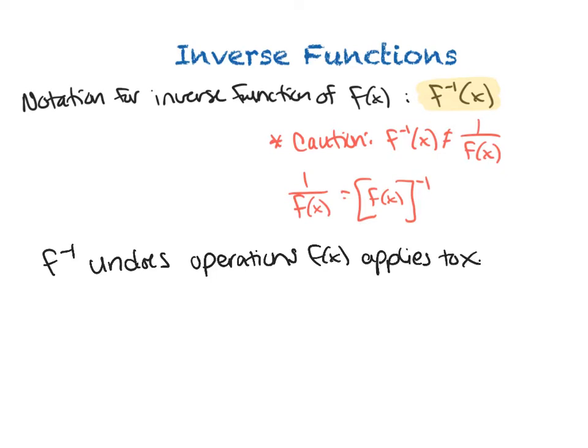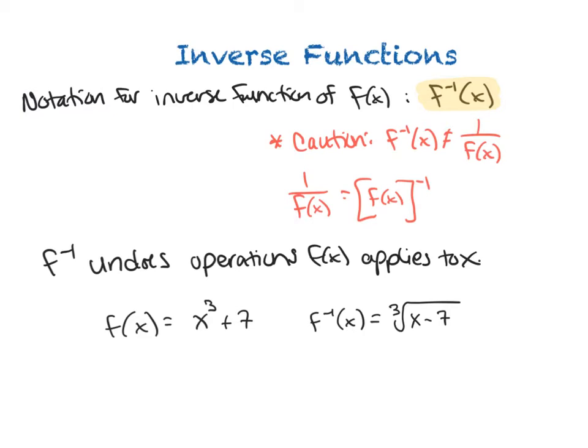So, for example, if you have f of x equals x cubed plus 7, its inverse function would be, instead of x cubed, a cube root. Instead of adding 7, it would subtract 7, and it would even do it in the opposite order. Where order of operations would say do the exponent first and then add 7, this inverse function would subtract the 7 first and then do the cube root second.